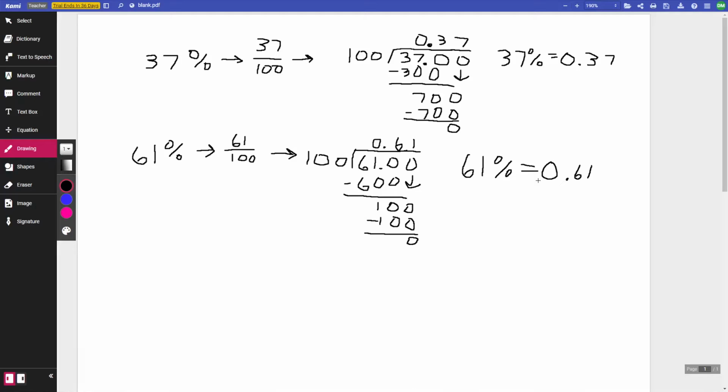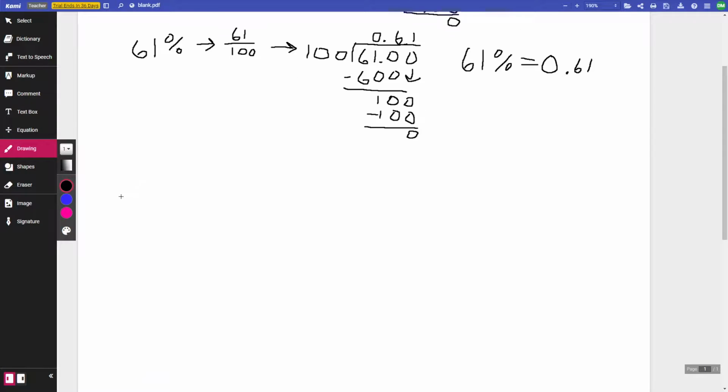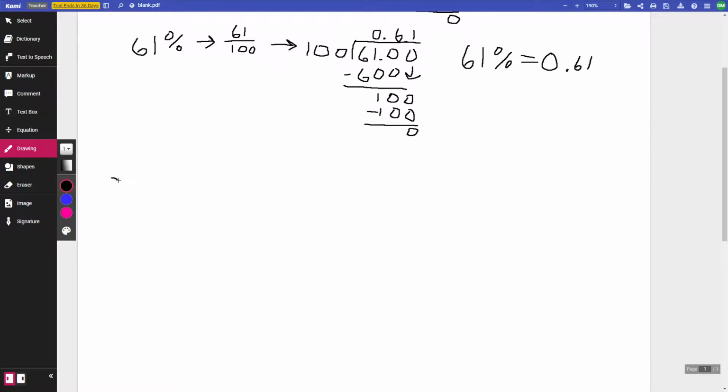So we're going to convert 25% into decimal form. So we will look at 25%. And we're going to write that the same way we have been, as 25 over 100.